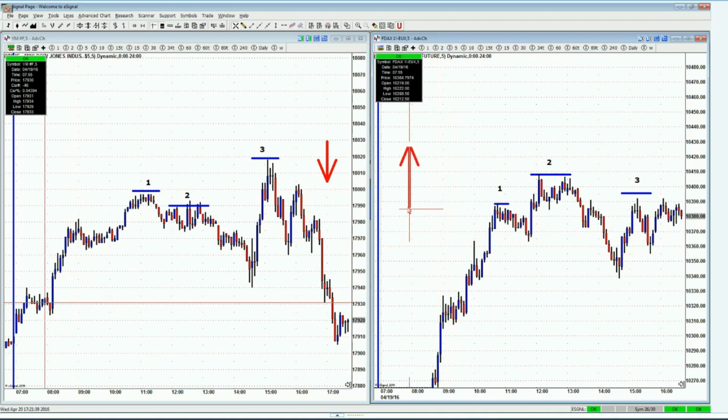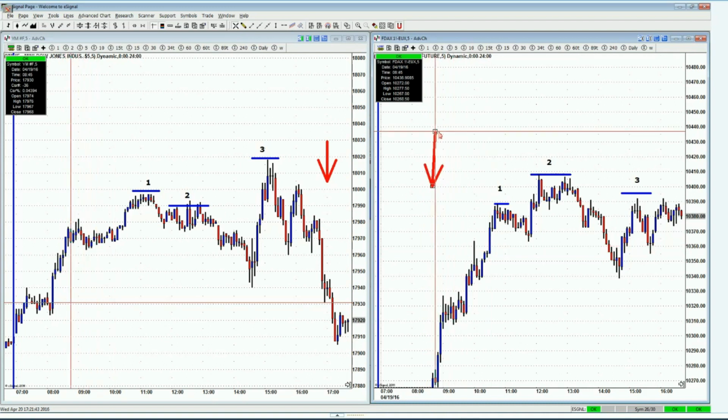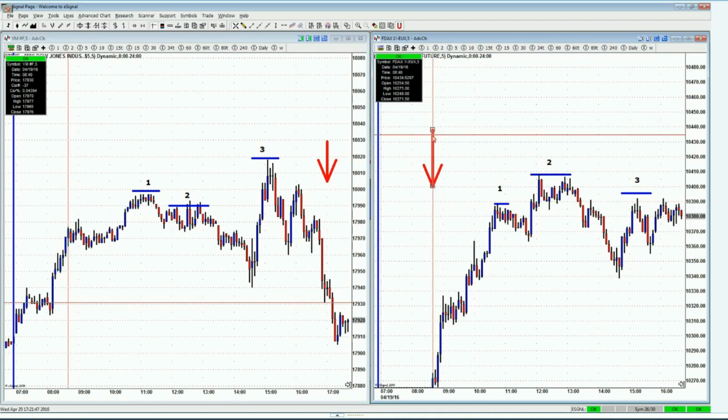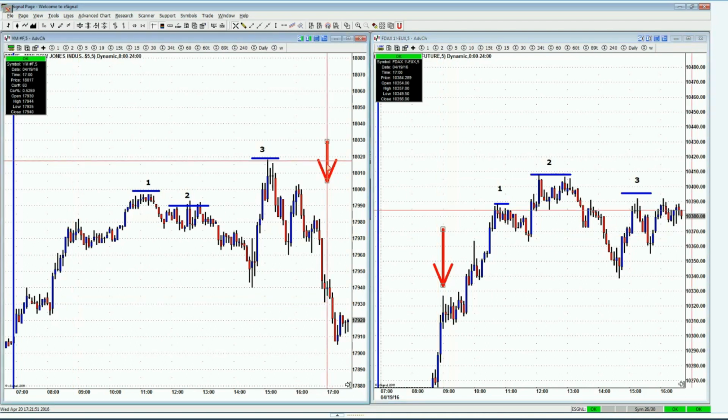However, if you notice this point here lines up with this point here.